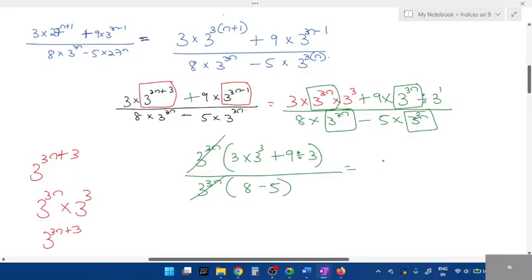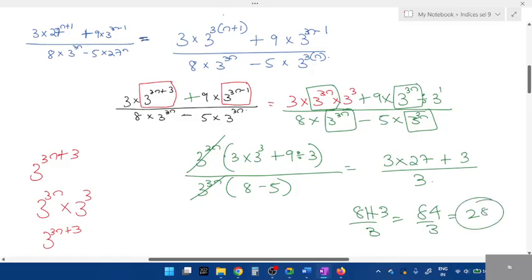Is Pradesh online? 3 to the power of, what is 3 cube, students? 3 cube is 27 plus 9 divided by 3. 3 into 27 is 81. See, just because I took 3n outside, are we able to get a number? Final answer as the number?